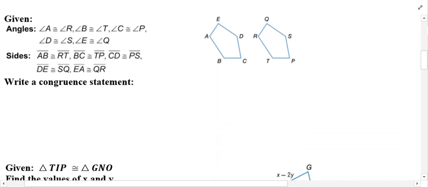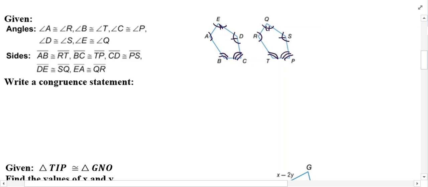Looking at the first example, we know that angle A is congruent to angle R. We're told that. We're told that angle B is congruent to angle T. We're told that angle C is congruent to angle P. We are told that angle D is congruent to angle S, and angle E is congruent to angle Q. So we have all the corresponding angles are congruent.